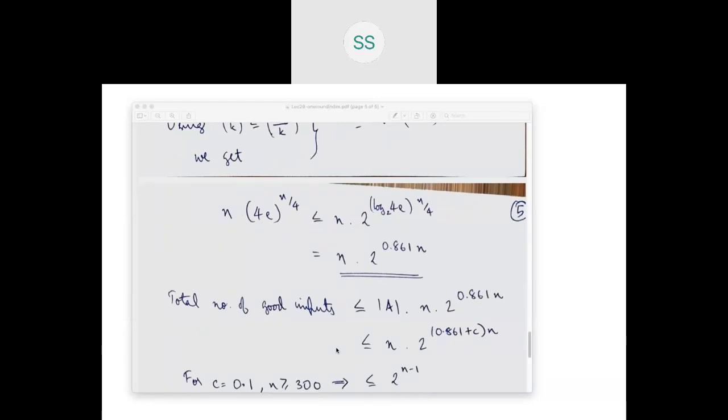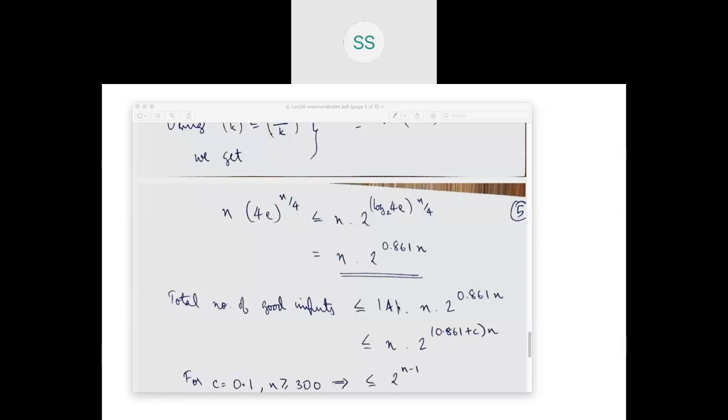Notice that if I have two a's, perhaps some input x is close to both of them, in which case there is an intersection between these two Hamming balls around the vector a, and then the total number of good inputs will be less than this.